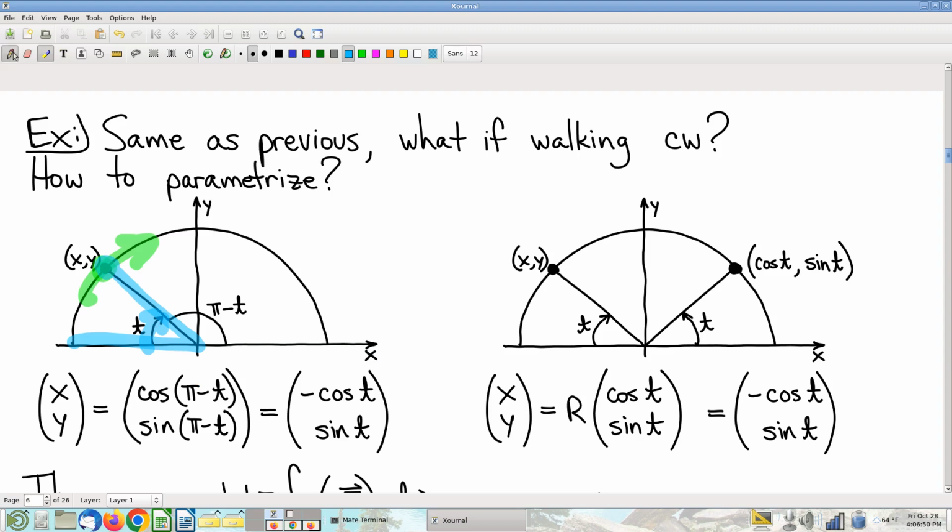Because notice where I'm starting, right? If I'm going clockwise, then I'm starting at this point. This is where T is equal to 0. And then I'm going all the way over to here, this ending point. That's where T is equal to pi. And notice that these values of T always are that angle. So if I'm moving clockwise, this is really my parameter, T, 0 here, pi there.